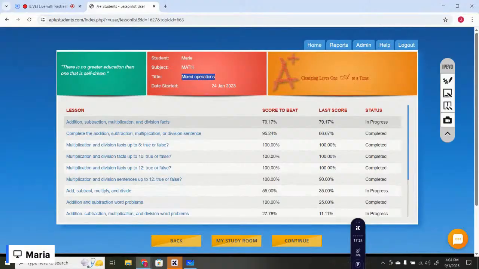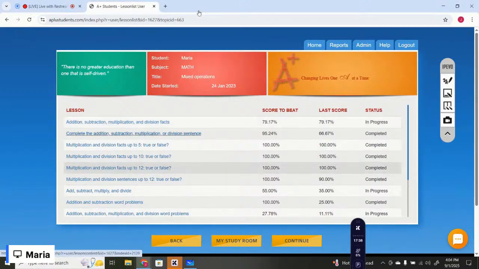Here I am on grade 3 math. Start with the lesson that is multiplication and division up to 12 true or false.